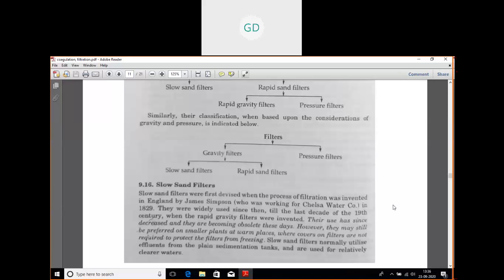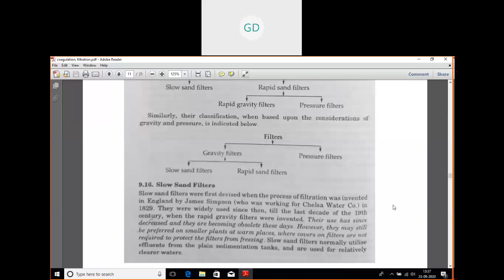If the place of installation for slow sand filters were small, people might have used them. But generally the rate of filtration for slow sand filters is also very slow. Because of all these drawbacks, rapid gravity filters are used nowadays.